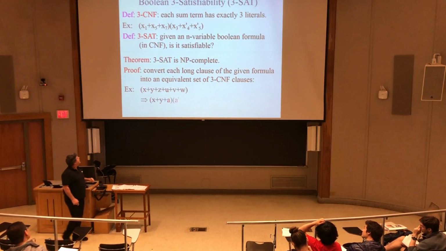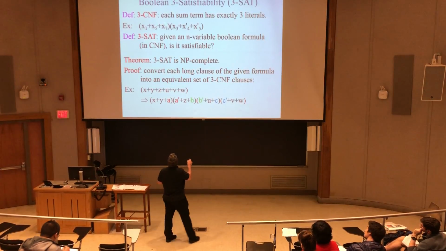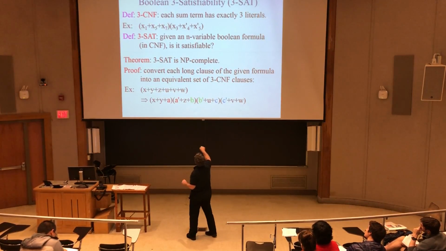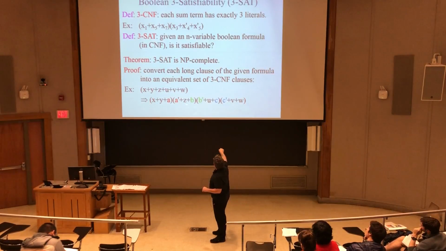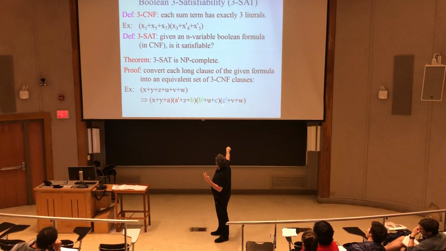And here's a proof. Let's say you have a clause that has more than 3 variables, like in this case, it has 6 variables. What you're going to do is create a bunch of 3-variable clauses from this longer clause that have all these extra variables, a, b, and c, and they're color-coded here.